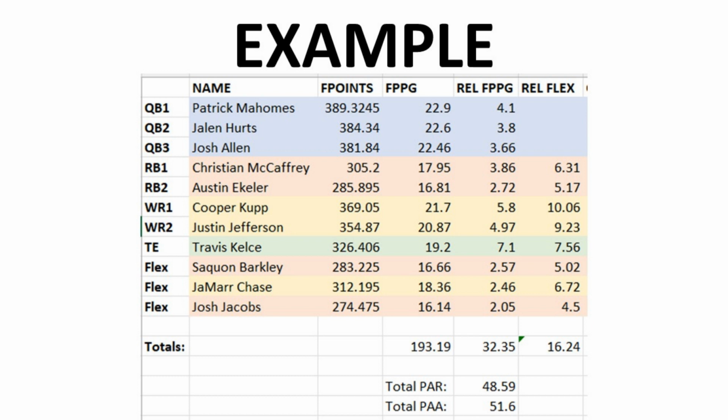So you just add the second and third column, and you'll get your total points above replacement, total PAR, which is my calculation of how you stack up against the average flex, tight end, wide receiver, running back, quarterback, all added up. And then the last one there, total PAA, is the points above average, which took the average I got from every team using these formulas and stacked it up against it. So this obviously fake team would be 51.6 points better than the average team in this league.